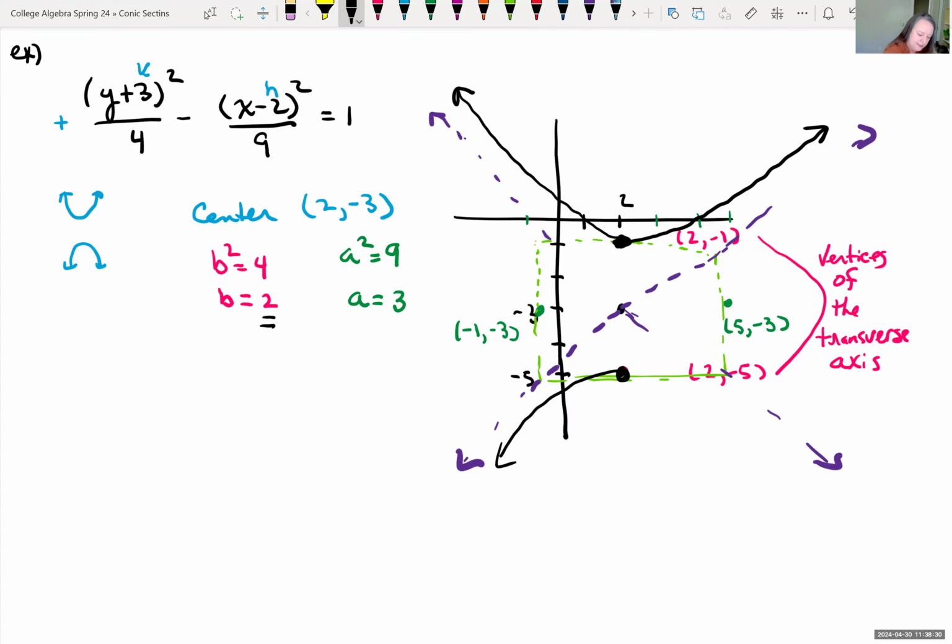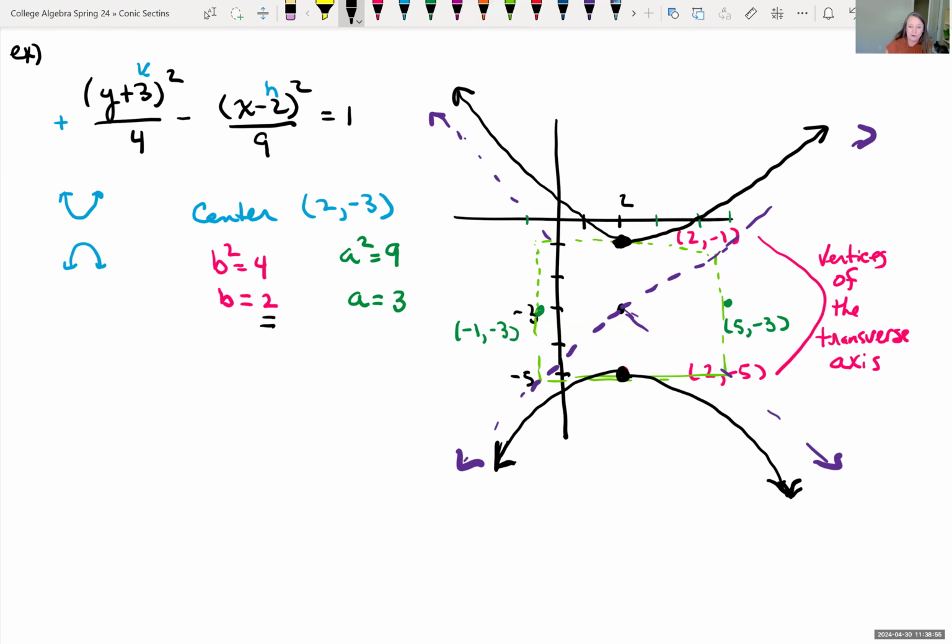Conjugate axis, and then hug the lines. So really the graph is only these parabola shapes bouncing off of each other, kind of. The others are just there to kind of help us get a picture of what the graph is going to look like.